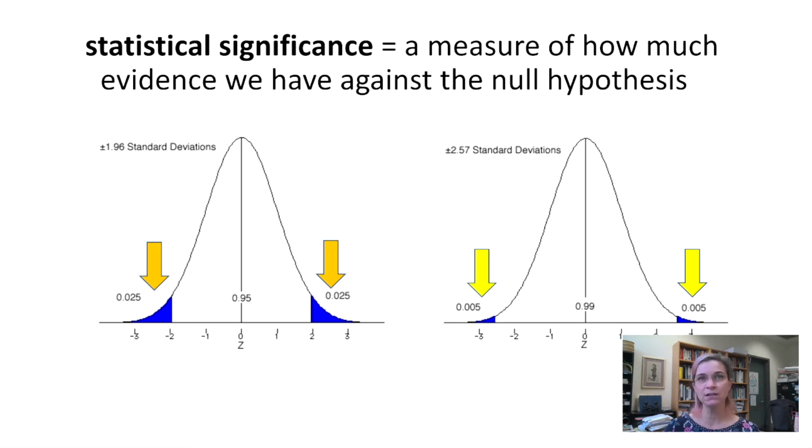So rejecting the null hypothesis with a significance of 0.05 means that the unknown specimen is 1.96 standard deviations away from the mean, and rejecting the null hypothesis with a significance of 0.01 means that the unknown specimen is 2.57 standard deviations away from the mean.